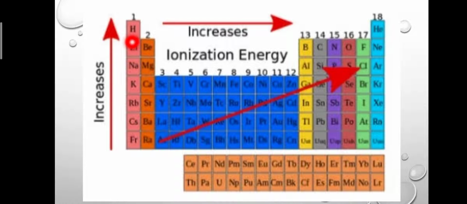As we go down the group, the ionization energy decreases, and as we go up the group, the ionization energy increases. As we go from left to right in the periodic table, the ionization energy increases.